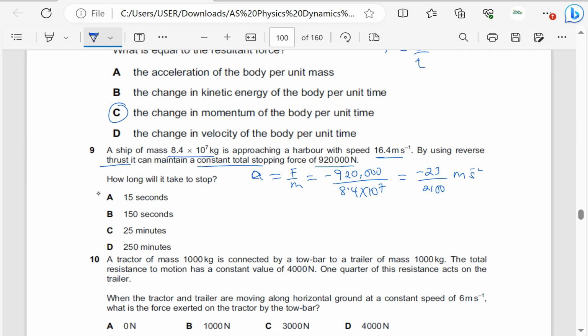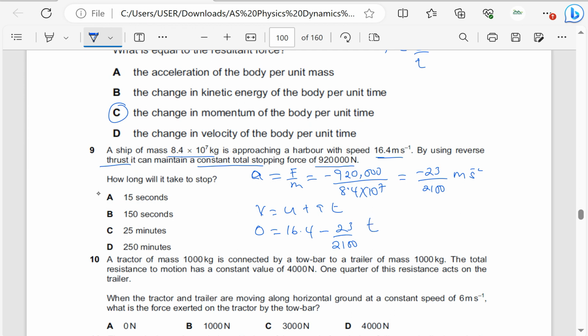That is the acceleration. So we want to find how long it will take, that is time. So using v equals u plus at. Of course, when it stops, the final velocity will be 0, but it's starting with a velocity of 16.4, minus 23 over 2100, then times t.